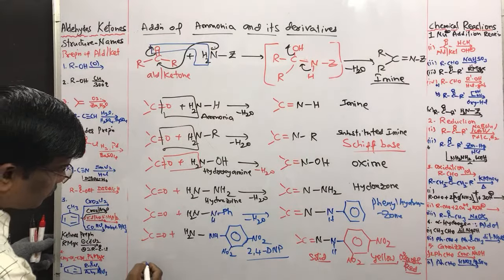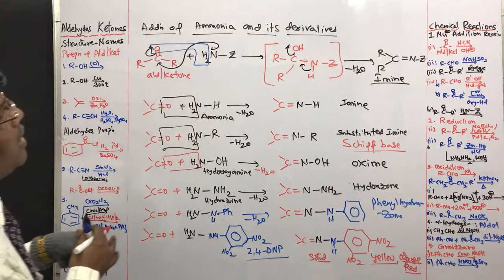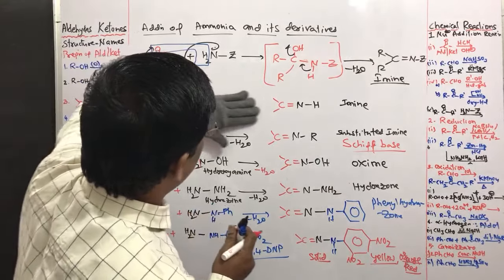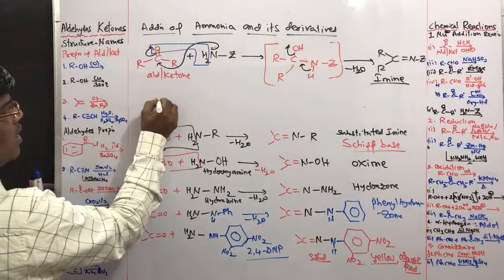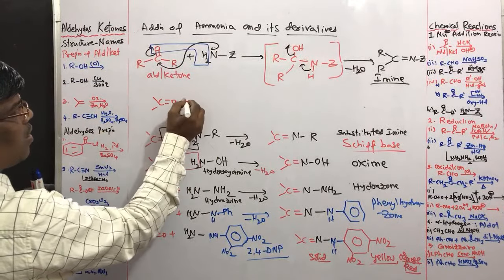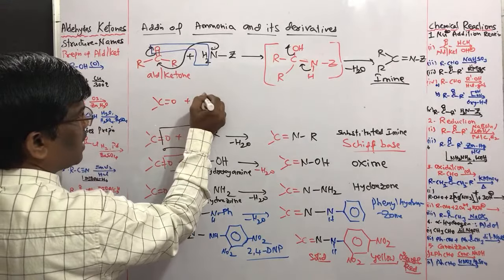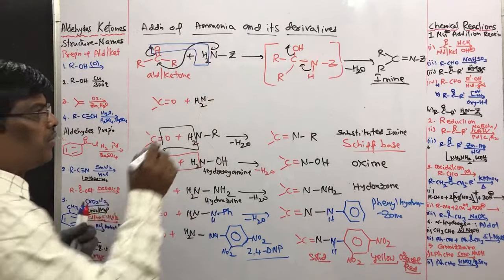semicarbazide. So it may not be visible. Let me use semicarbazide here. So when I use carbonyl compound plus semicarbazide, this is very very important, students. That is why I am writing the complete structure so that you will not get confused.